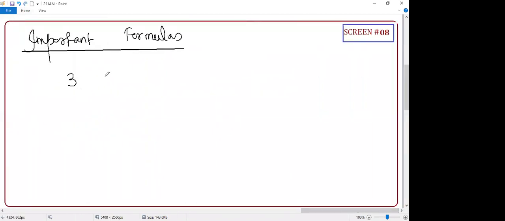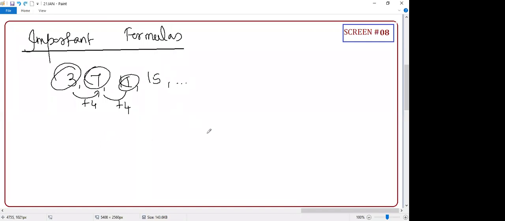I'll take 3, 7, 11, 15. Guys, what is this? Plus 4, plus 4. What I defined, 3, 7, 11, 15 are called terms of the AP, the elements of the AP. How do you represent terms? Do you remember? A1, A2, A3, A4, like that.